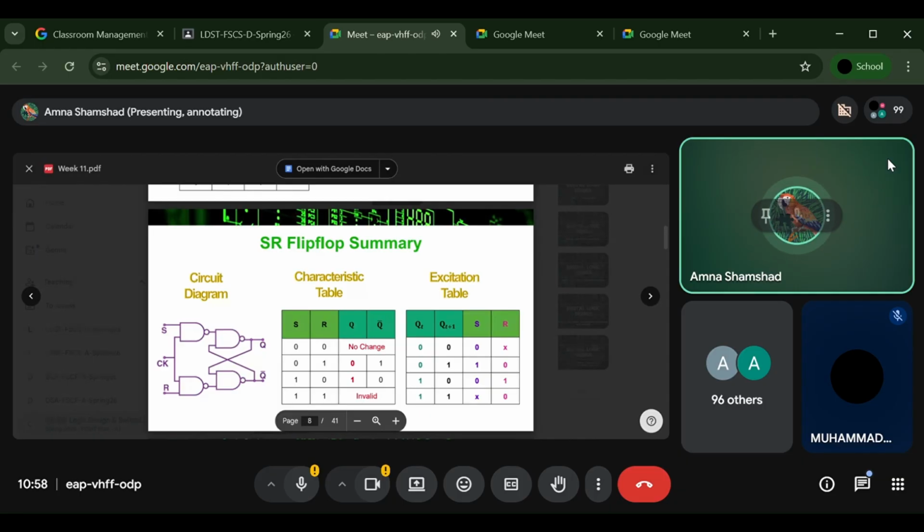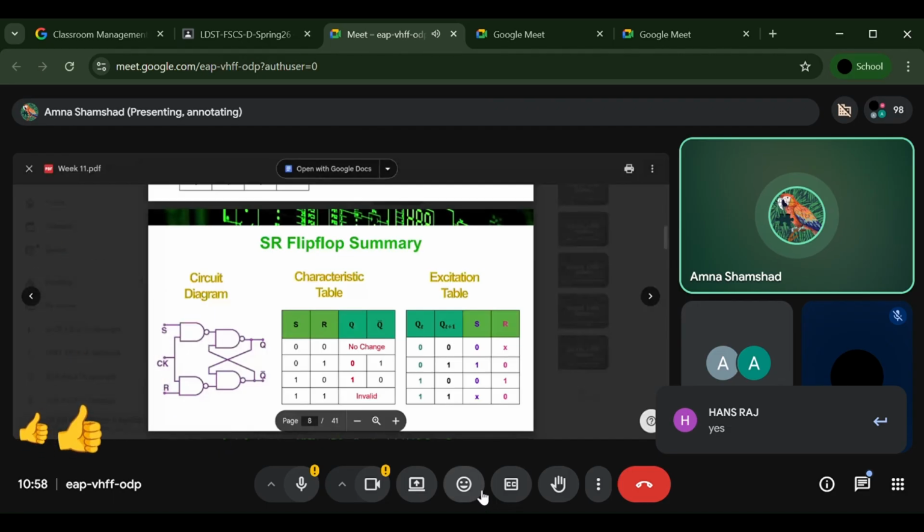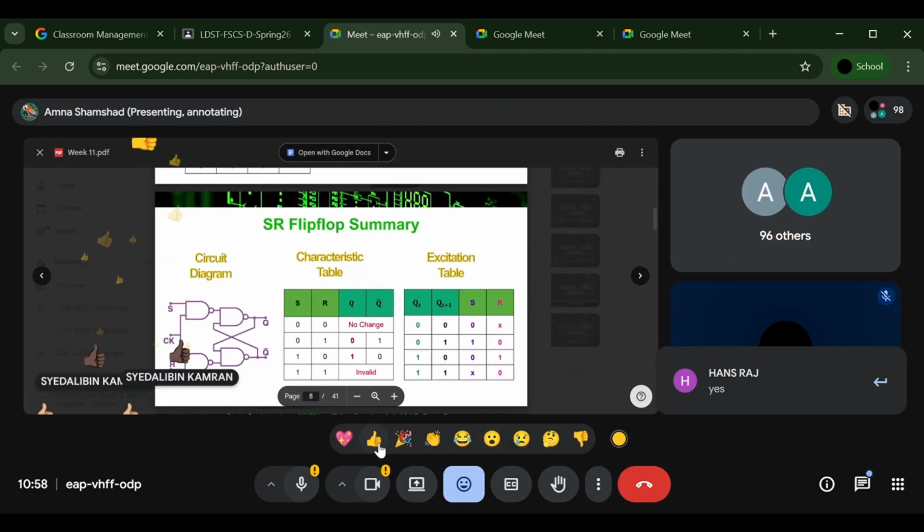Is this clear to all of you? Yes, class, quickly thumbs up or thumbs down. Yes, 0 and don't care will come, meaning the previous is 0 and the next is 0.